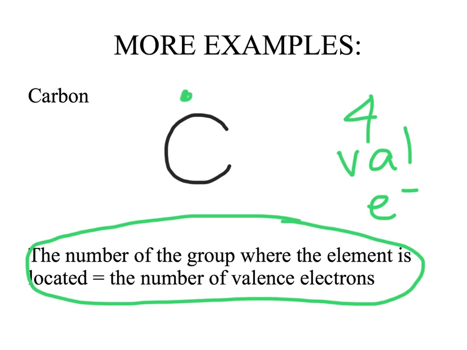I will write 1 valence electron here, another here, 3 and 4. Remember to draw 1 at a time and 1 on each side of this cross. This will be the complete Lewis structure for 1 atom of carbon.